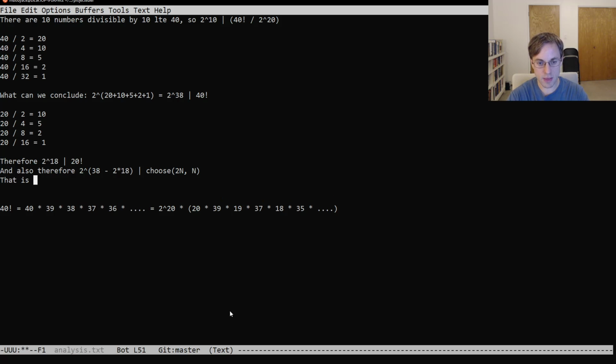That is, 2 squared divides choose 2n comma n. And in particular, 8 does not divide this number. Only 4 does. And so now we've taken care of the 2's.